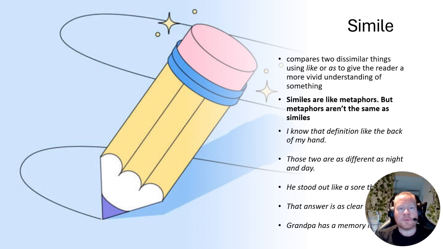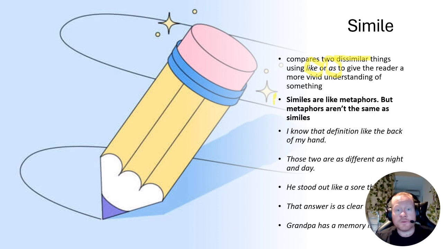So over here we have simile. The simile compares two dissimilar things using like or as, to give the reader or the speaker a more vivid understanding of something.